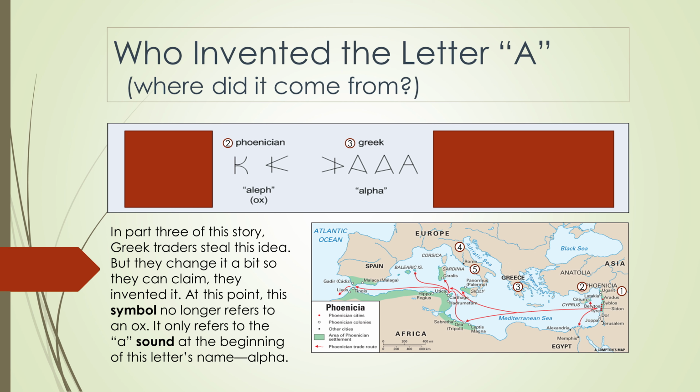Now, the word in Phoenician for the ox, best that I know, I don't know how to pronounce it, is aleph. And the Greeks, being the Greeks, they just twist it enough so that it's still recognizable, but they now make it alpha. Oh, okay. So, does alpha refer to an ox? No, not at all.